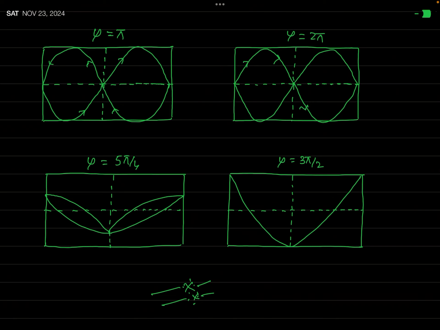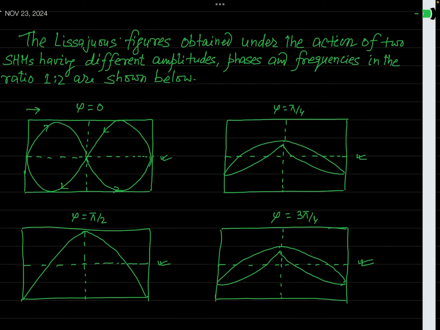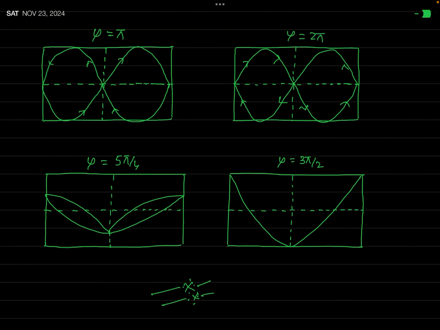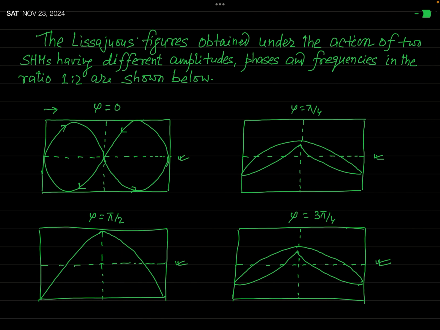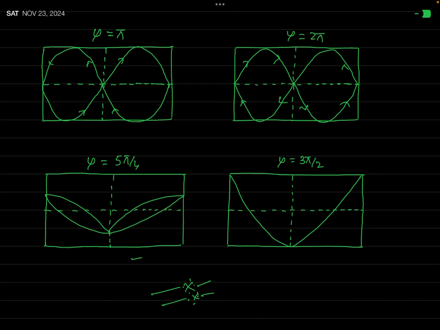No difference between phi equal to 0 and phi equal to 2 pi. And for phi equal to 5 pi by 4, you will obtain just the reverse figure, as you obtained in the case of phi equal to pi by 4 or 3 pi by 4, as you can see here.